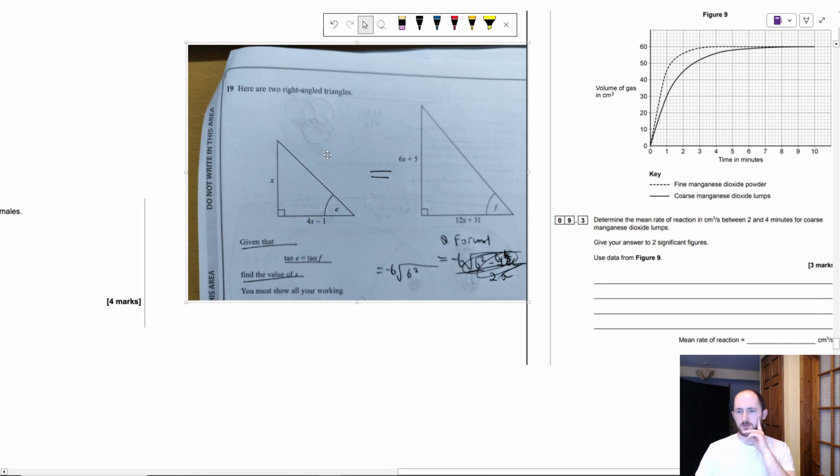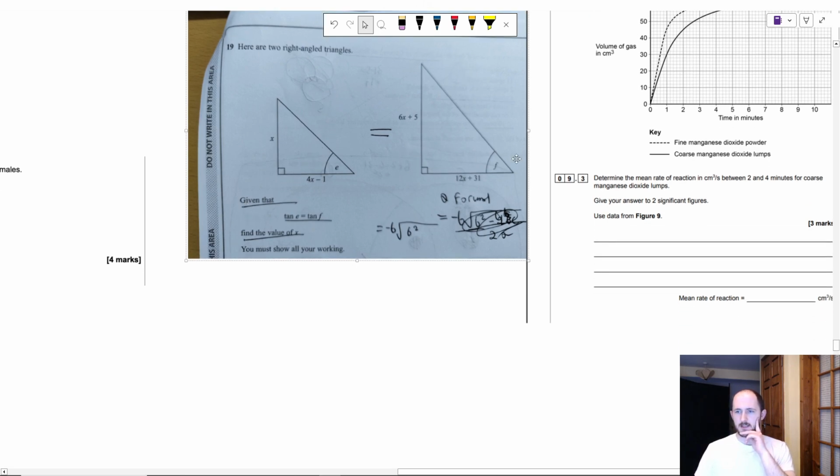So here are 2 right-angled triangles. Tan E is equal to tan F. This question's a bit deceptive. All you have to do is know that tan equals opposite over adjacent. So if you look here, this is the opposite side, that's the adjacent side.